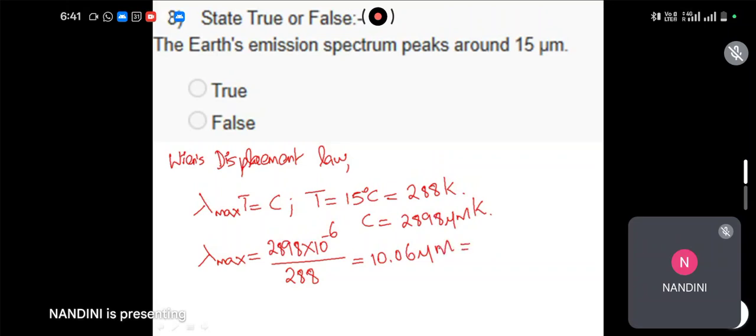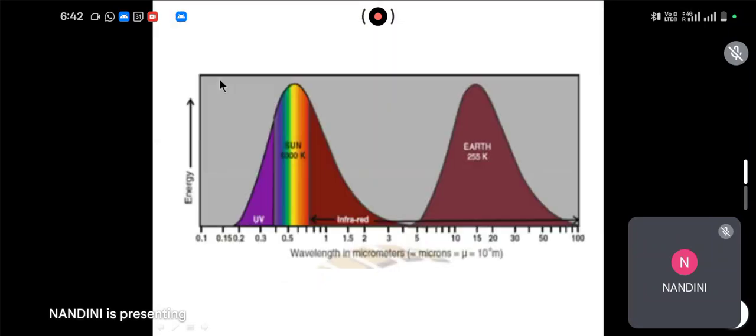The question was that the Earth spectrum peaks around 15 micrometers. We are getting a value of 10, so it peaks around there. So this is true.